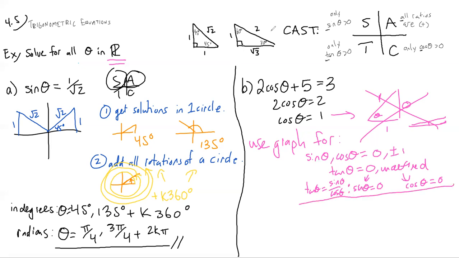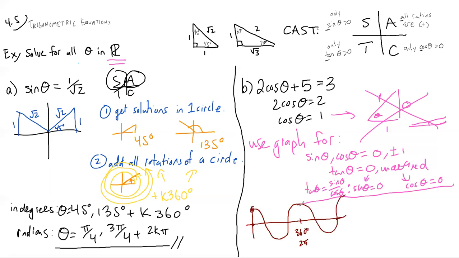So if I have a look at the graph of cosine theta, we know that it starts up at the top and goes down and back up like this. And that would be 360 or 2 pi. And then it just keeps doing the same thing again and again.